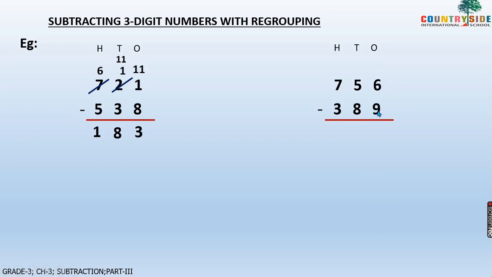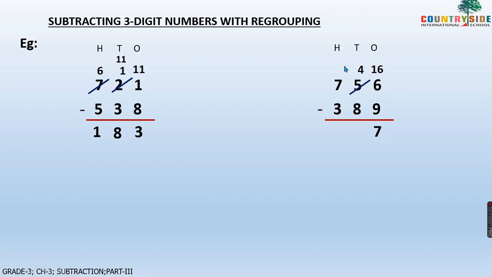So 6 will borrow one number from this 5, and we will cancel this 5, and this 5 will become 4 and 6 will become 16. Now 16 minus 9 is equal to 7.